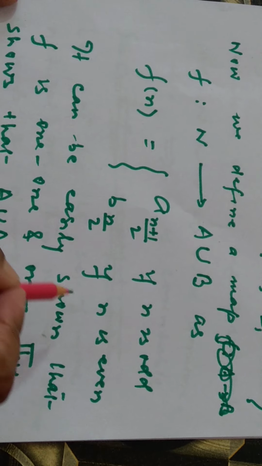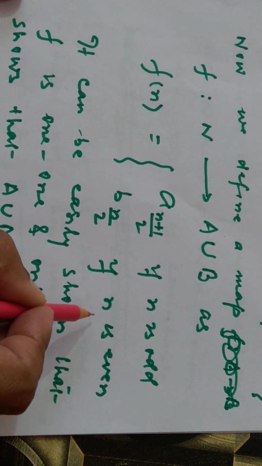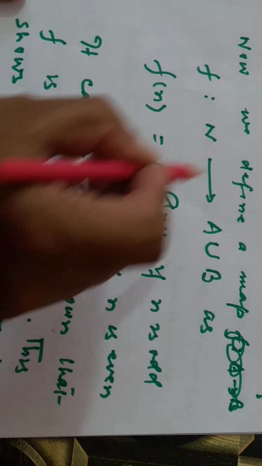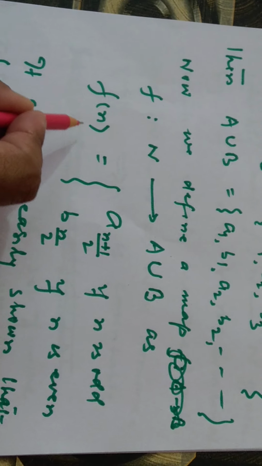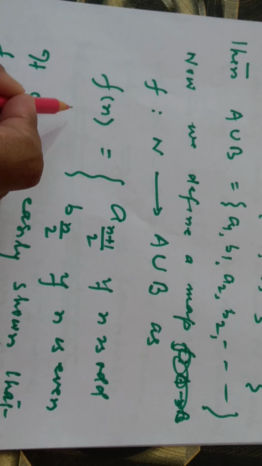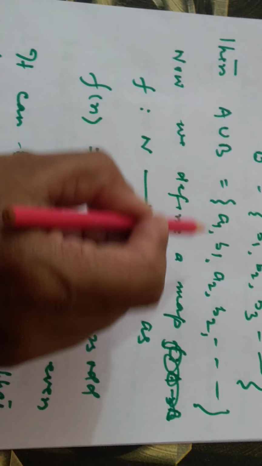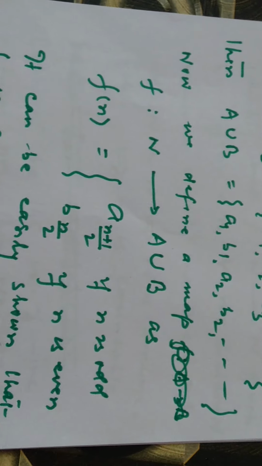So we see that for each natural number n, we get the elements of A union B. That is, each natural number is associated with every member of the set A union B.